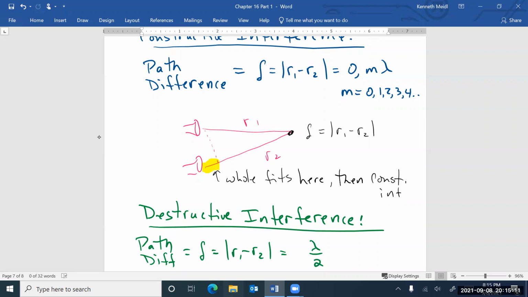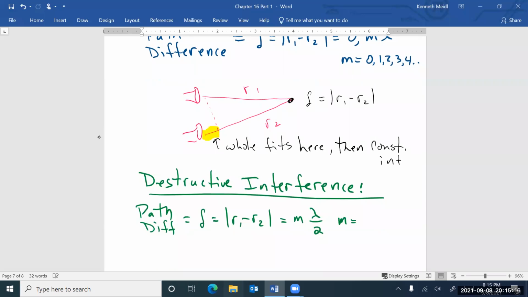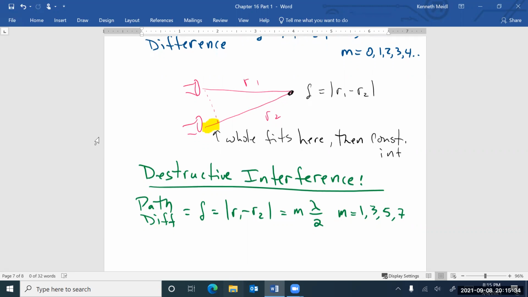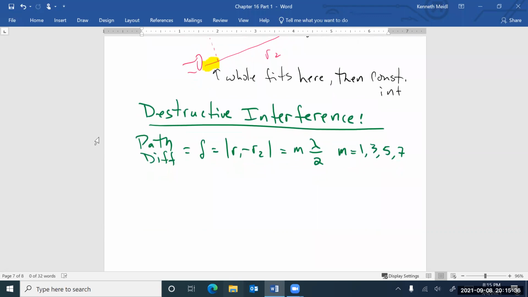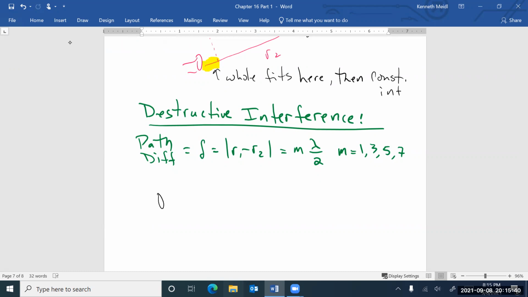And then we can have M up here, and M could be a 1. Now, if I put M equals 2, 2 over 2 gives me a whole wave, and that would be constructive interference. So it'd be 1, 3, 5, 7, the odd numbers. Okay. And so what that means in terms of a picture here would be a speaker here.